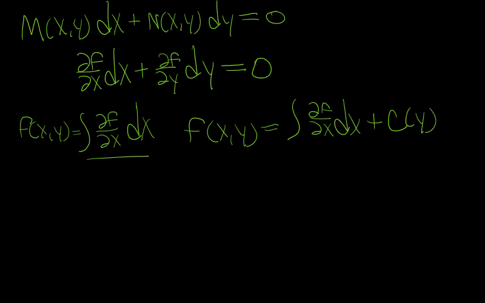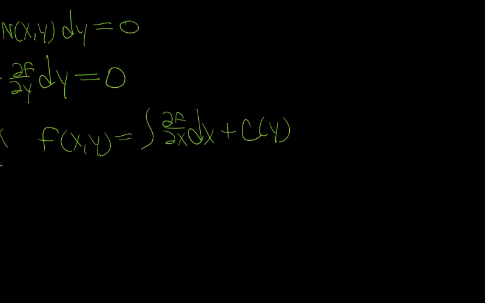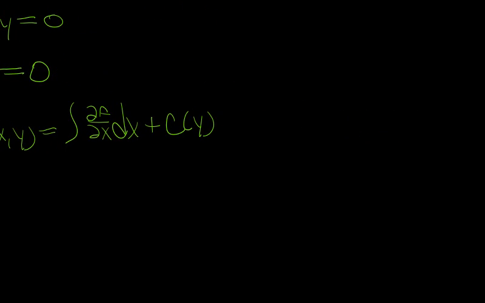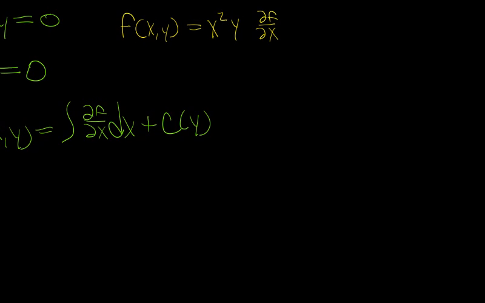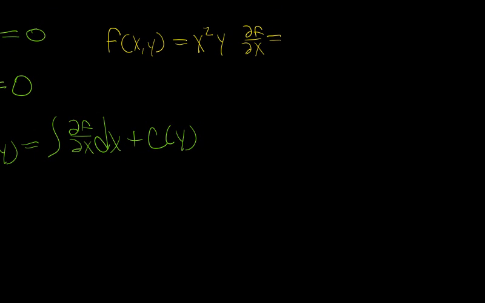Now, I do want to sidetrack here, actually, for anybody who is not quite familiar with multivariable calculus and partial derivatives. I'm going to show a quick example, but let's say that f of x y is x squared times y. The partial f with respect to x, or the partial derivative of this with respect to x, would be, well, in this case, because I am differentiating with respect to x, y is treated as a constant.